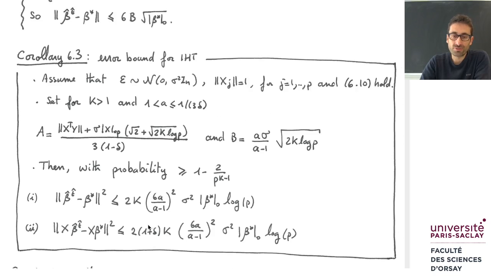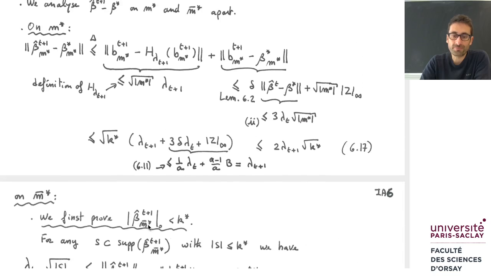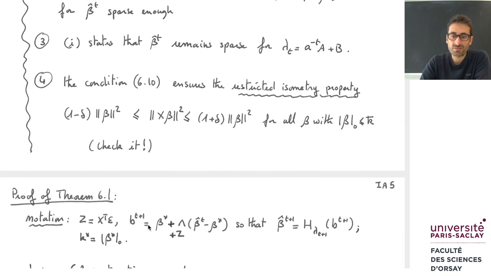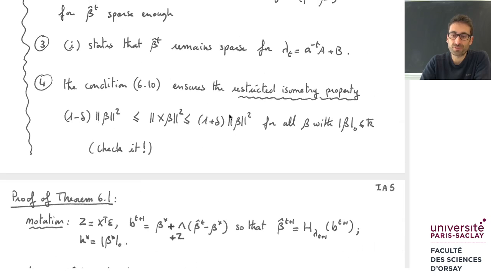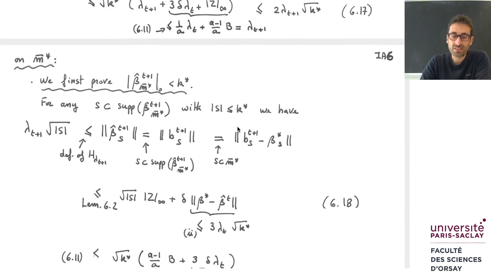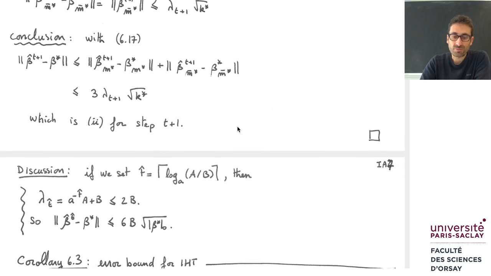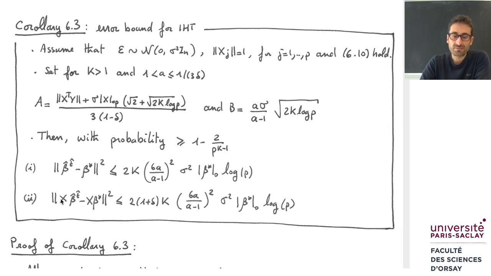So if we use this form of the restricted isometry property, then we obtain that the norm of X(beta hat minus beta star) squared is smaller than 1 plus delta times the norm of beta hat minus beta star squared. So this is exactly the statement 2, which follows from the statement 1, right? So we need to prove this bound.